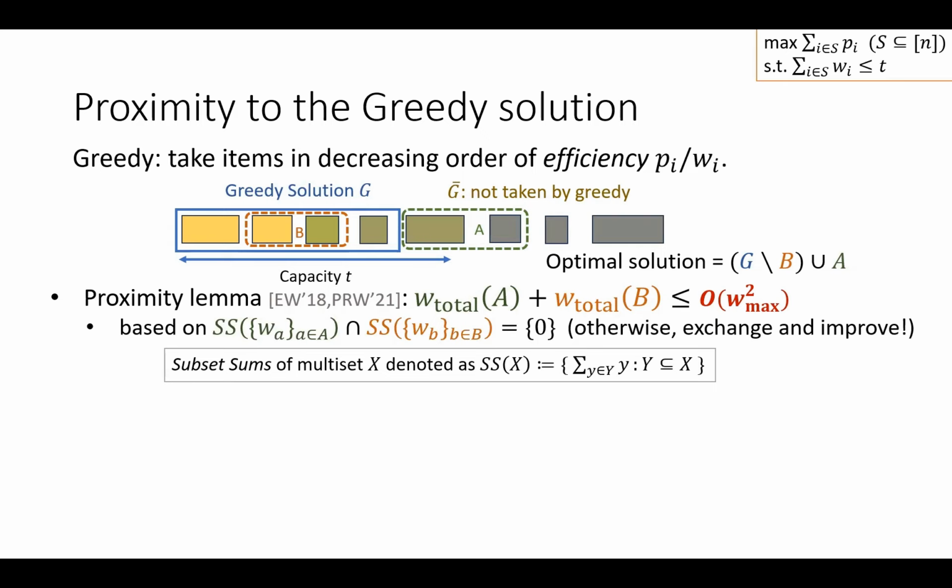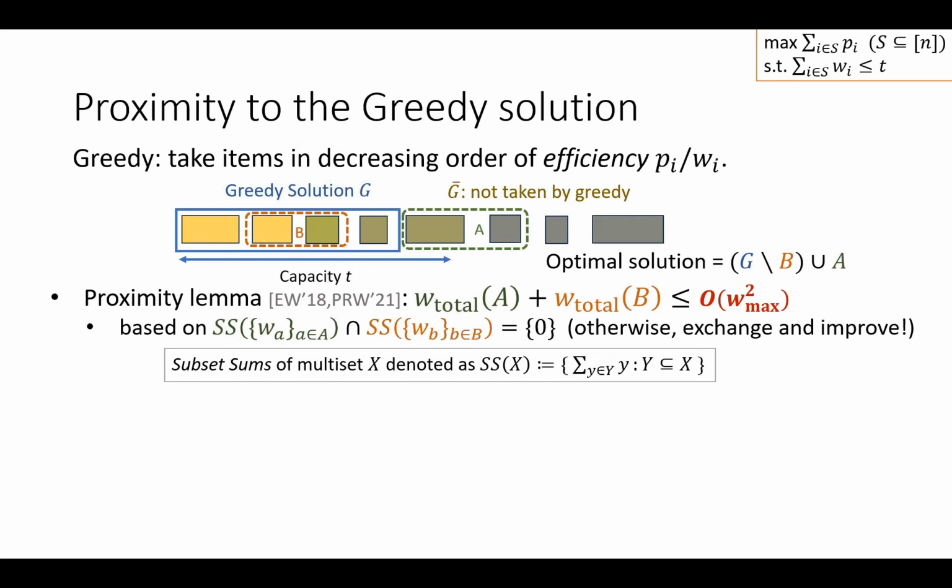This bound was proved by the observation that the subset sums of the weights of the items in A and the subset sums of the weights of the items in B should not have any common element except the trivial one, which is 0. The reason is that if there were a pair of subsets of items in A and B that share the same weight, which is non-zero, then we can switch them, which does not affect the total weight, so that the solution stays feasible.